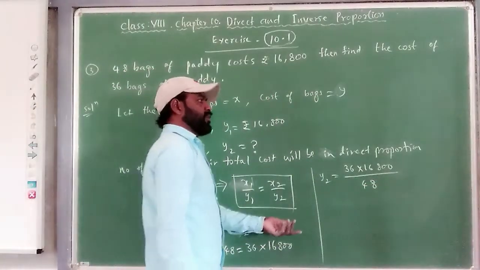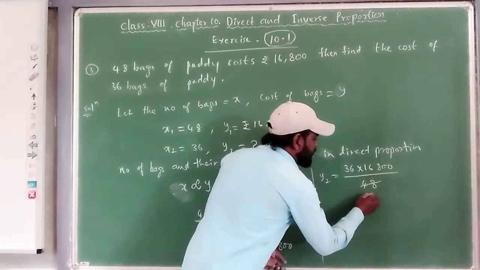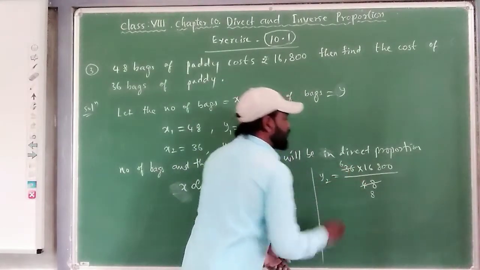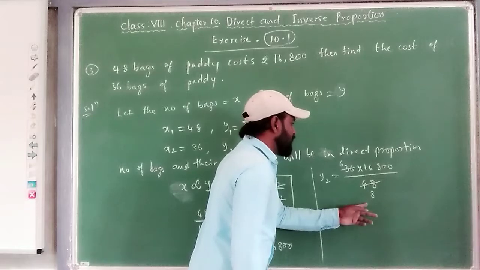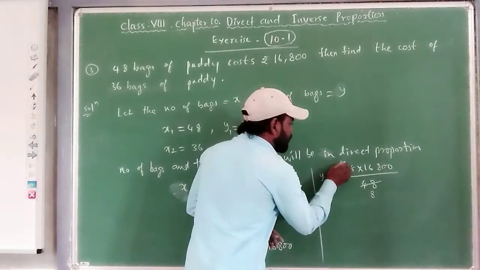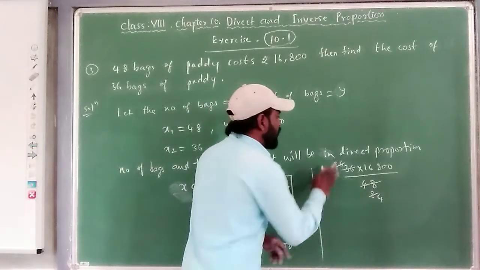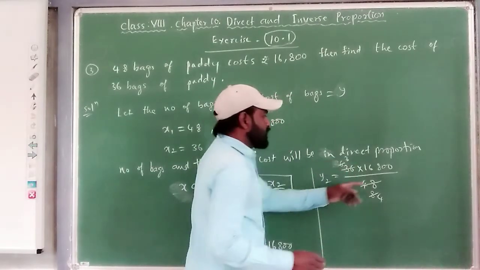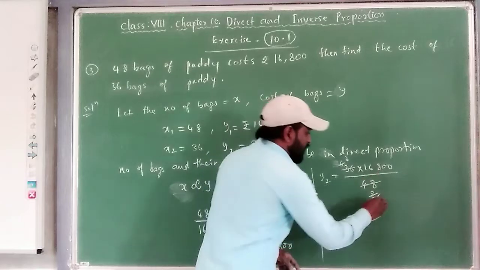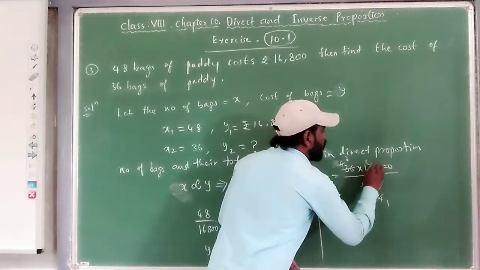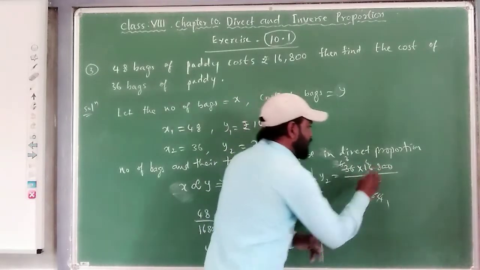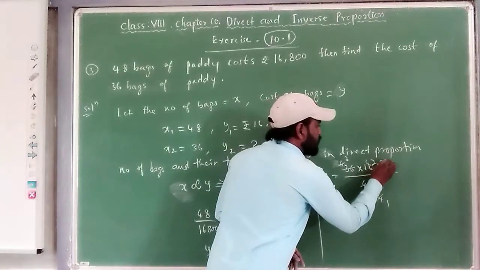You know the 6 table, you can use it. 6 8s are 48, 6 6s are 36. Further simplification is also possible. 2 table, 2 3s are 6, 2 4s are 8. Here 3, here 4, it is not possible to simplify. So this can be simplified. 4 1s are 4, 4 4s are 16. Again 8 is there, 4 2s are 8, remaining 2 zeros as it is.